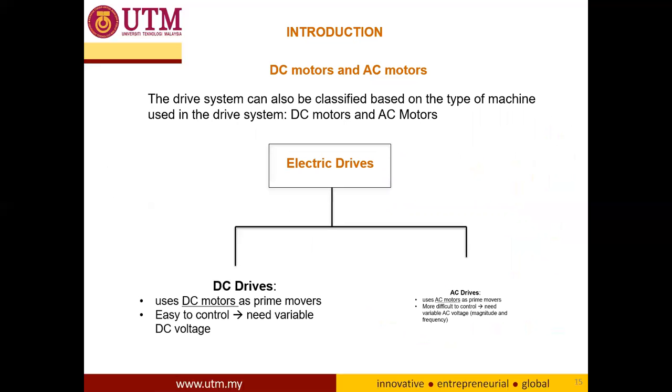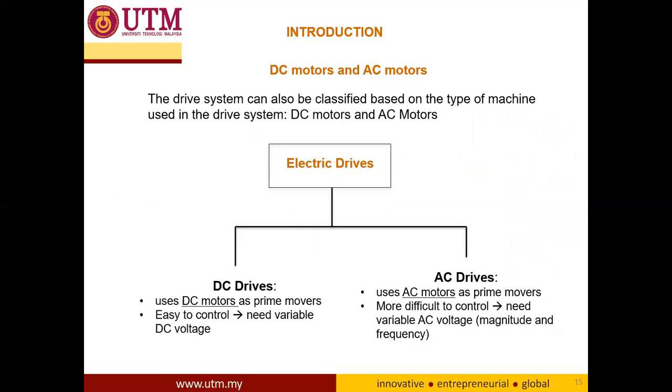An electrical drive, as mentioned before, we can divide into two systems: using a DC motor as a prime mover, where you are using the DC motor as a mechanical output, and the second one is the AC motor. The advantage of the DC drive is that it is easy to control. If you want to control the speed, you just need to adjust the DC input.